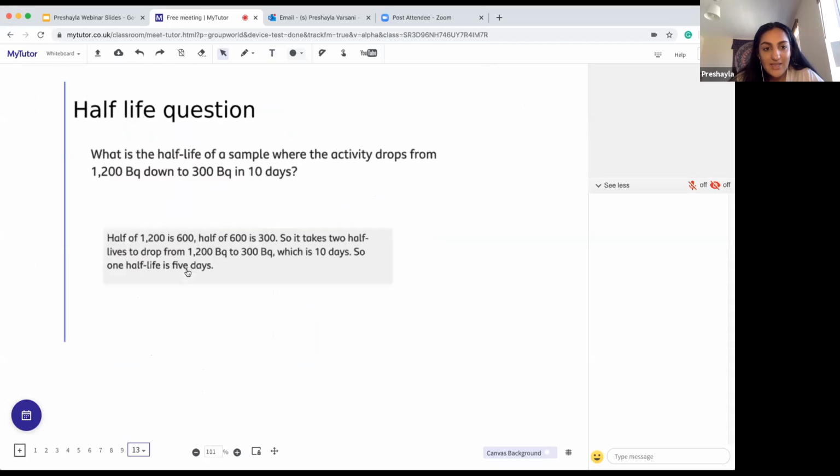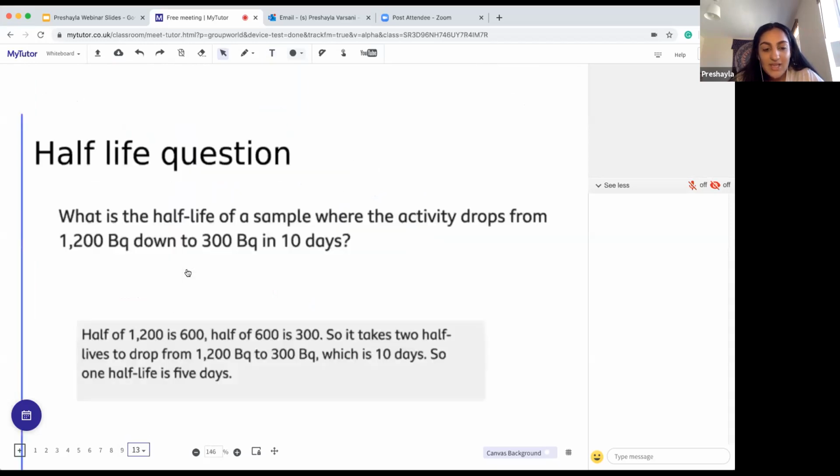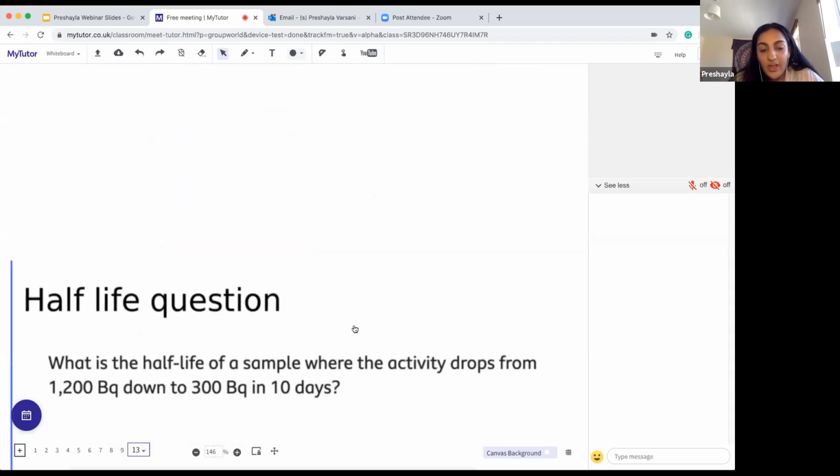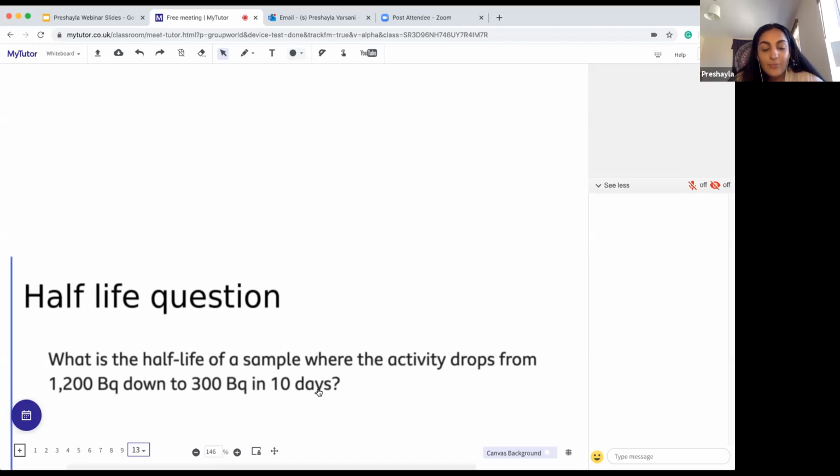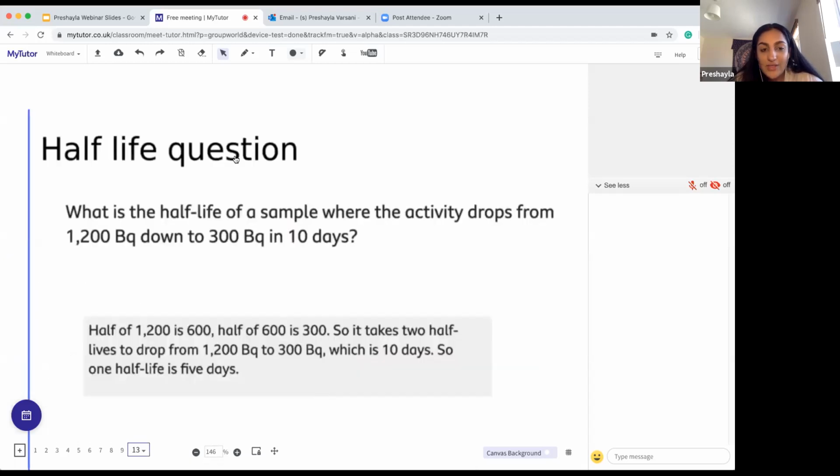Okay, so let's have a look at this question. What is the half-life of a sample where the activity drops from 1,200 to 300 in 10 days? What is the half-life, do we think? Well, half of 1,200 is 600, and half of 600 is 300.